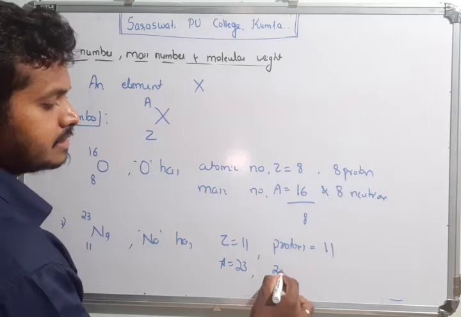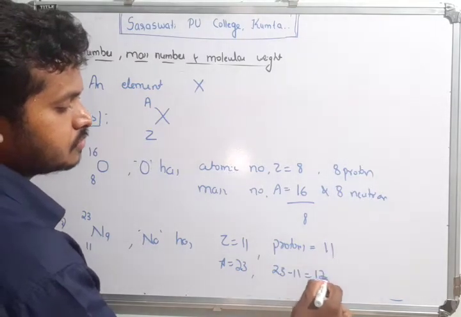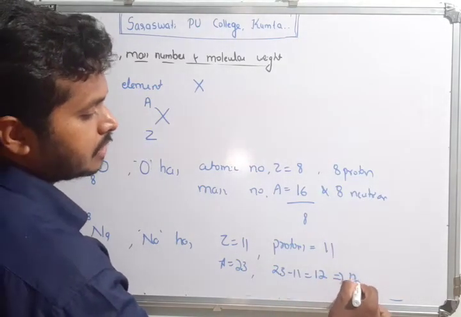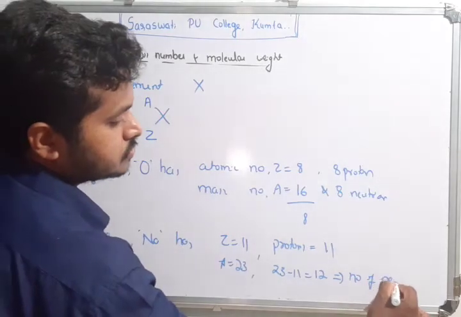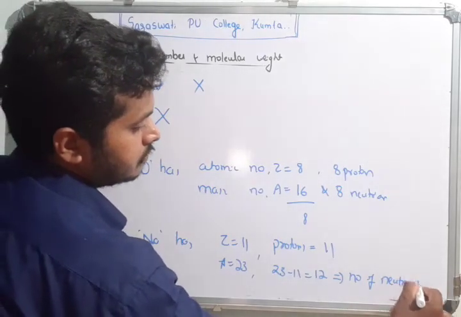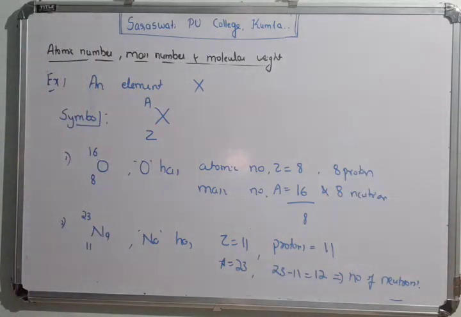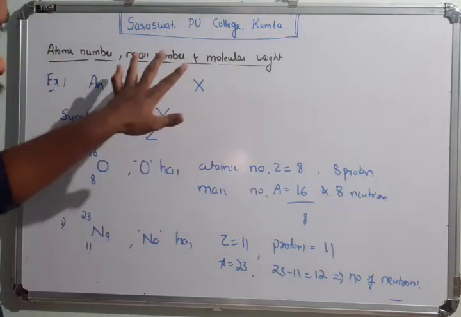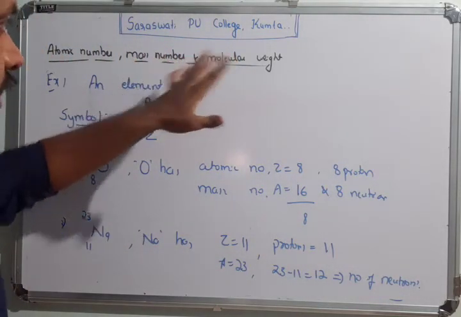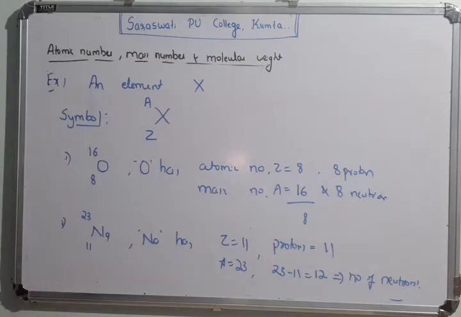So 23 minus 11 equals 12, which will be the number of neutrons. Got it? This is a basic thing we must learn about atomic number and mass number. Let us go for the next one, that is atomic weight and molecular weight.